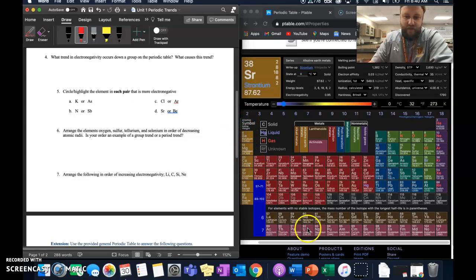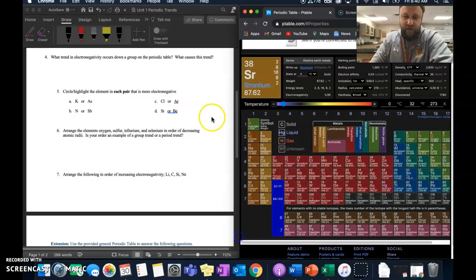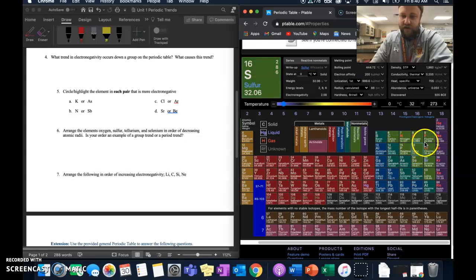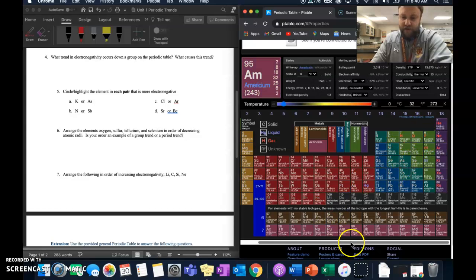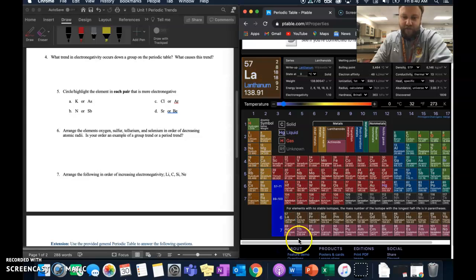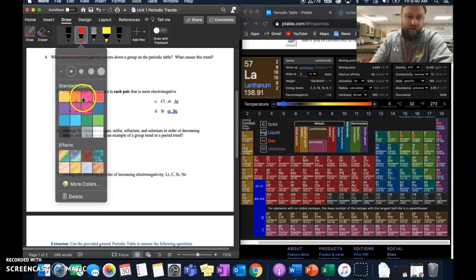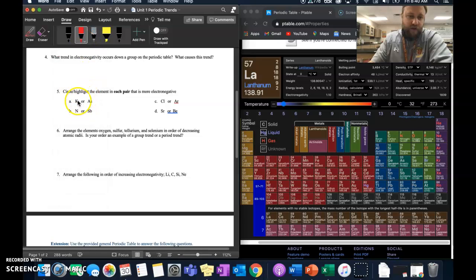We have potassium, which is in group 1 right here. And then we have arsenic, which is in group 15. So arsenic is much closer than potassium over here. So our more electronegative atom will be arsenic.